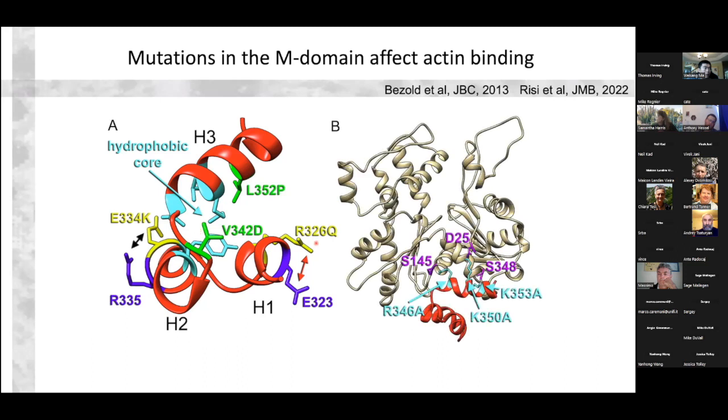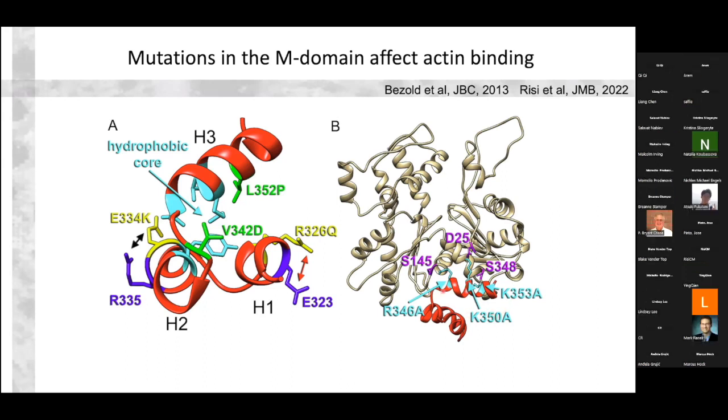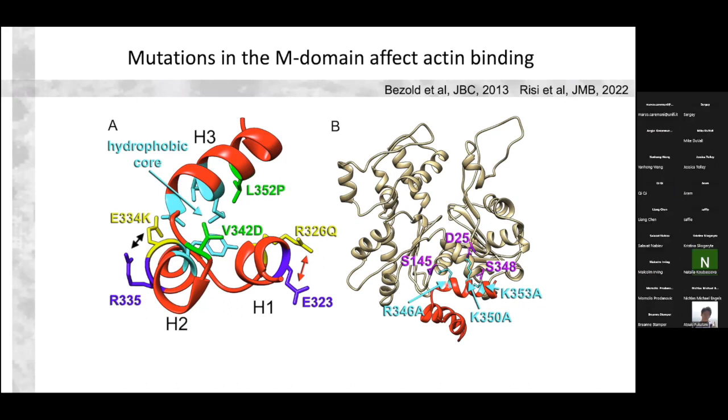But what was, again, confirmatory is that we had identified a series of charged amino acids that seem to affect actin binding affinity. And these, again, seem to be the interacting residues that affect C protein's binding to actin here. So this was really worthwhile.